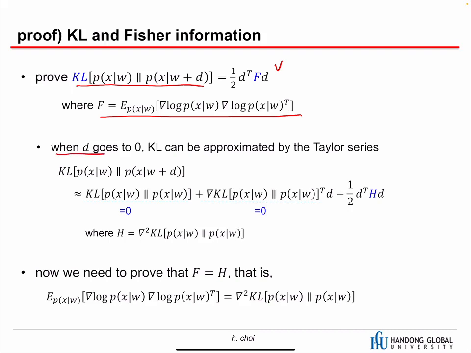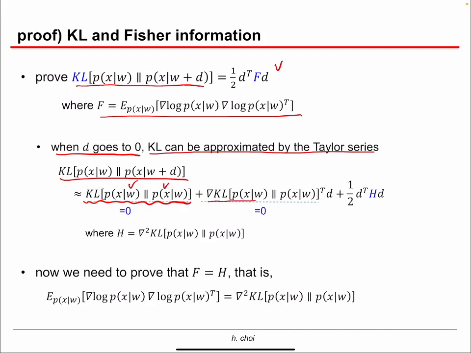When D goes to 0, meaning we update the parameter just a little, the KL can be approximated by Taylor series again. This is the KL divergence, and this one is the Taylor series. This term is obviously 0 because we have the same likelihood.